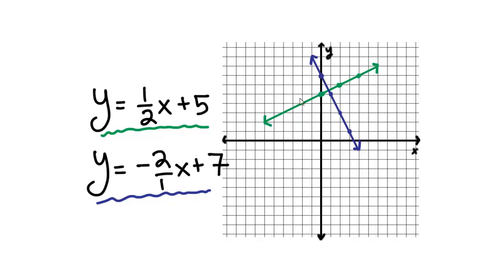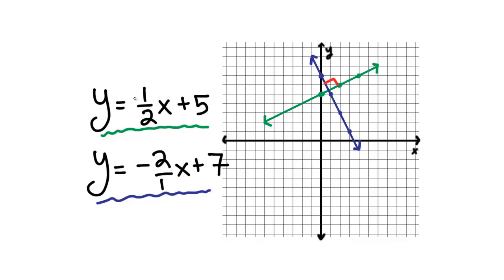And you notice that the green line and the blue line, they cross, but they cross at a point and they make a 90-degree angle. Okay, so this is 90 degrees all the way around. Right, so whenever that happens, we refer to these two lines as perpendicular lines, right? And it's represented by these two equations here.